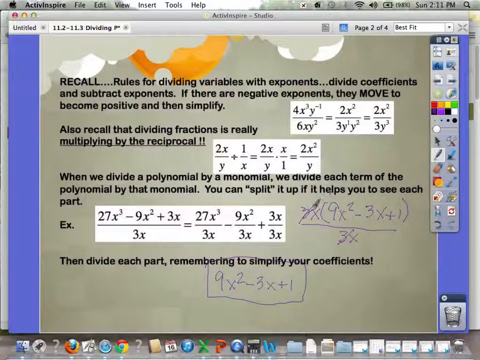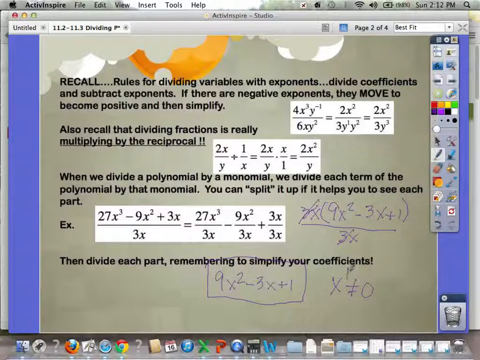So is there any number that would cause 3x to be 0? Of course, if I put a 0 in for x, that would be 3 times 0, which would make 0. So x cannot be 0, because if we had a 0 on the bottom, that would make this undefined, and we know we can't divide by 0. Bad things happen when you divide by 0.